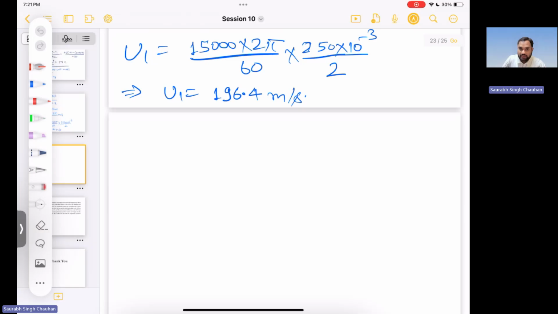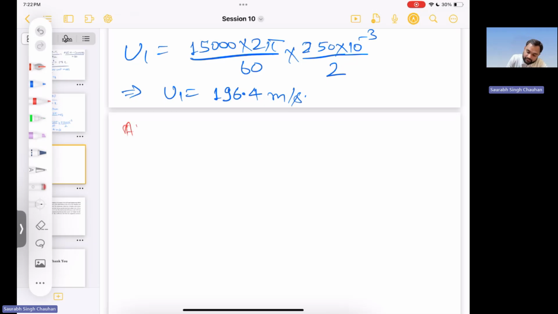Now we will make a diagram, the velocity triangle. If it was an ideal blade without any prewhirl, the absolute velocity would be along the radius.